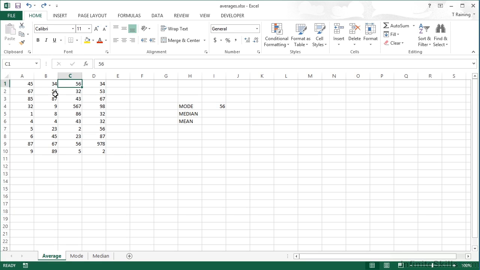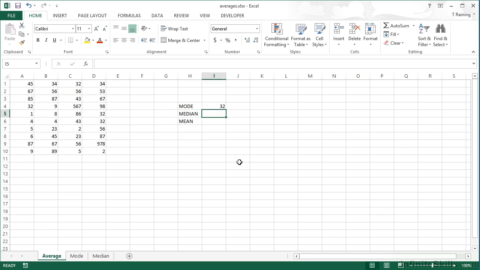If we were to then change these 2 numbers round, for example, so let's put 32 in there and then 56 in here, you see that 32 then becomes the mode because that's the most frequently occurring number that it comes across first. So where there are duplicate modes, which is what we effectively have here, you have to be a little bit careful about the one that it returns to you. But in essence, the function is looking for the most frequently occurring number in a given range.